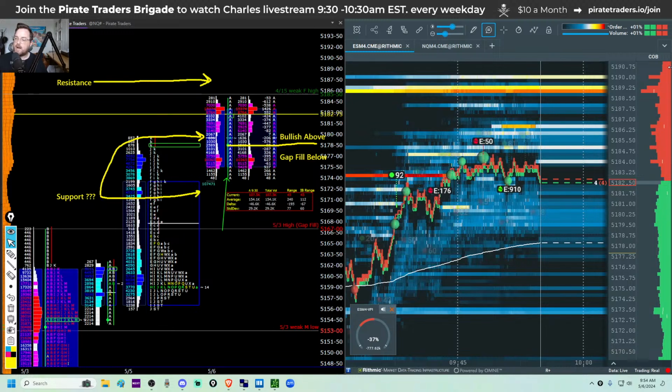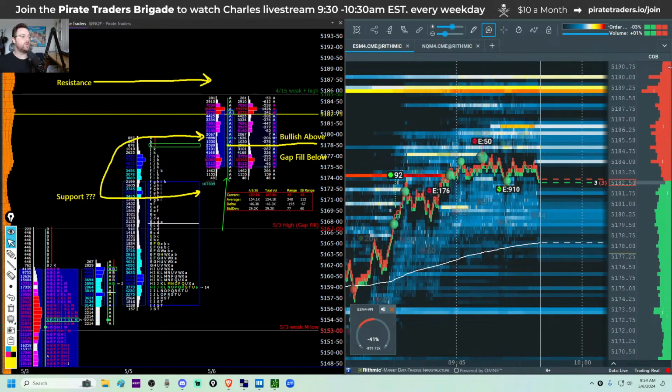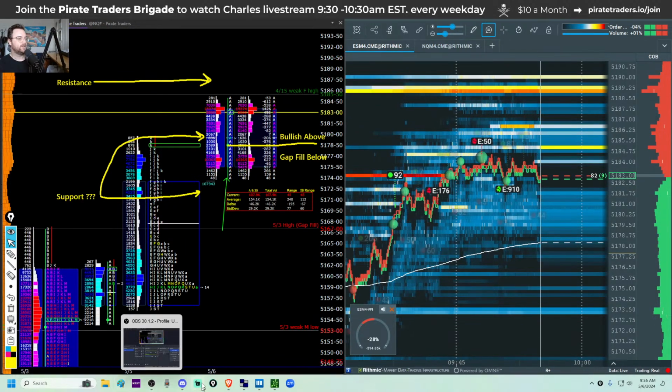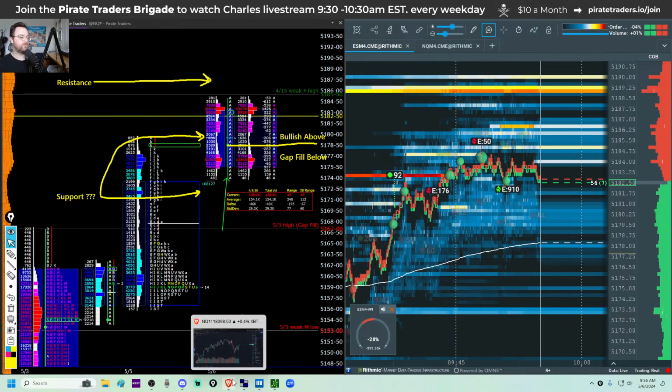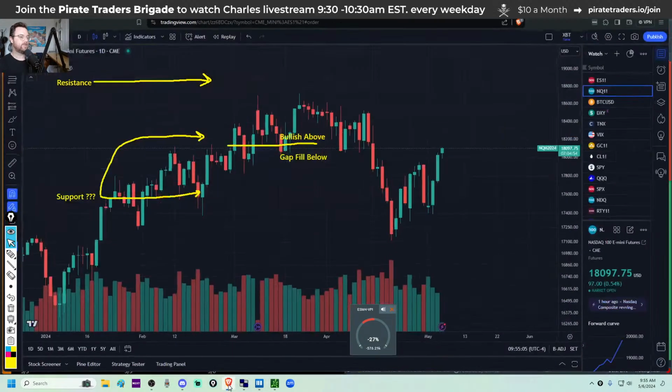Scooball says, on the daily context, this looks like it might be a breakout of this mess to the upside. Yeah, again, I just say it's too early to make that call. You're absolutely right, it might be, but there's so much weakness left behind. I was talking about that this morning. Is this a balance area in here? Yes, absolutely it is. Could we now be breaking out of that balance? Yes, absolutely we can. Oh, I'm on the NQ right now.